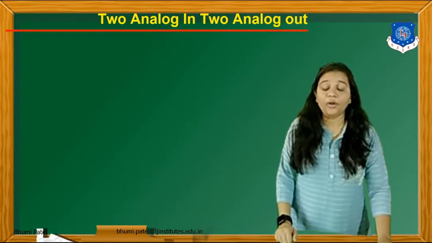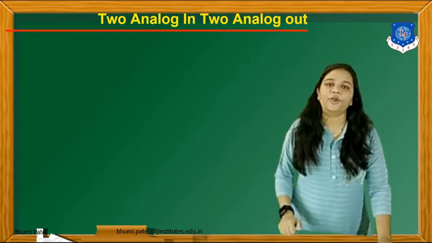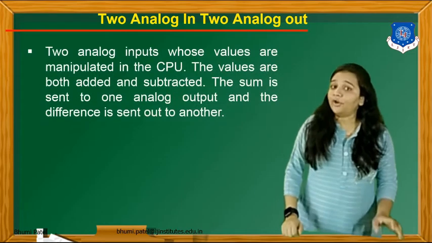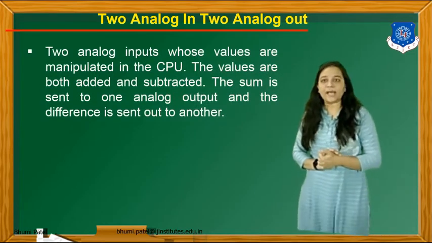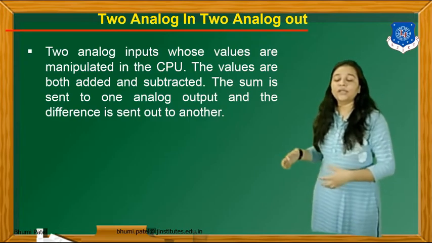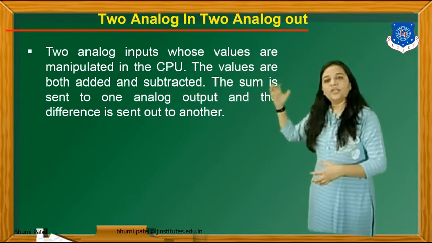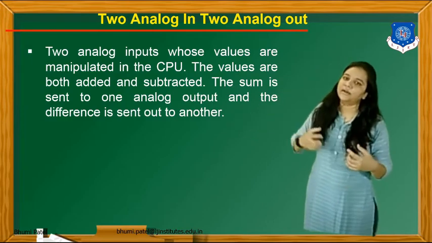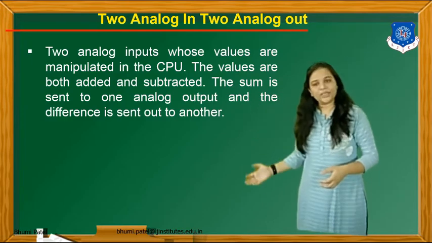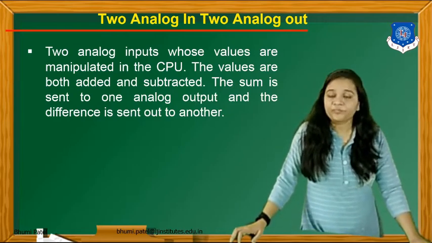Clear? Now the next possibility is 2 analog in and 2 analog out: 2 analog inputs whose values are manipulated in the CPU. The values are both added and subtracted. The sum is sent to one analog output and the difference is sent out to the other. So here we have to take 2 analog inputs.